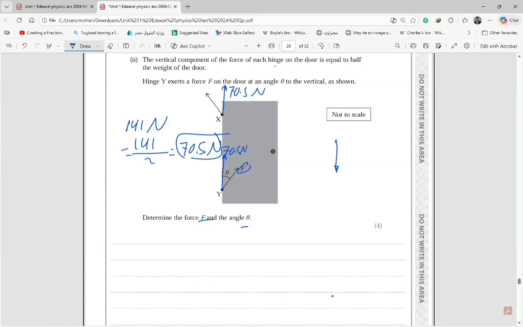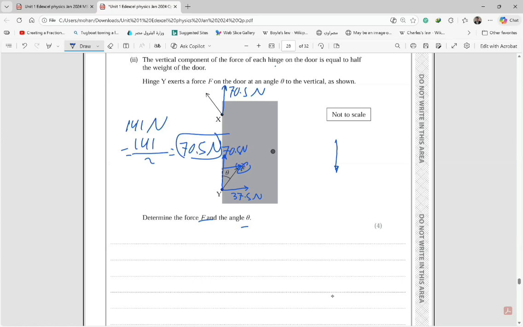Now the weight is down, and here we can get this one. We got the horizontal force, which is 37.5 Newton. This one is the opposite, and 70.5 is the adjacent.